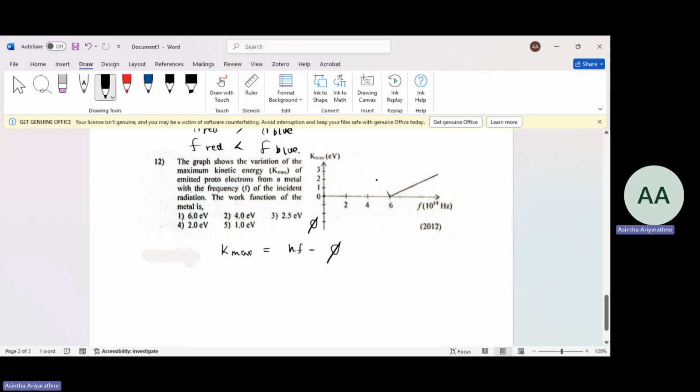Anyway, when this is at 2.5, so y equals x minus c.